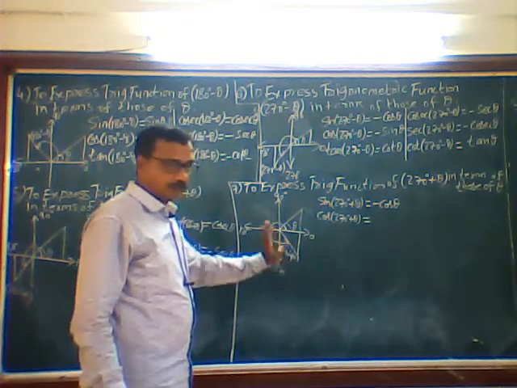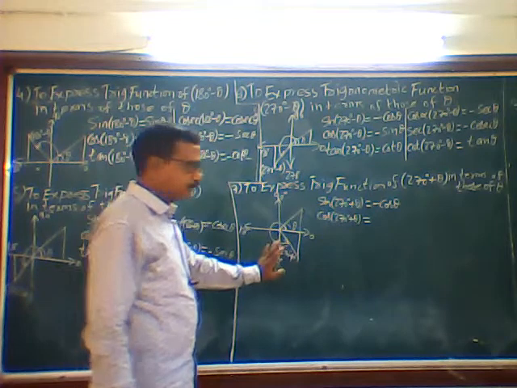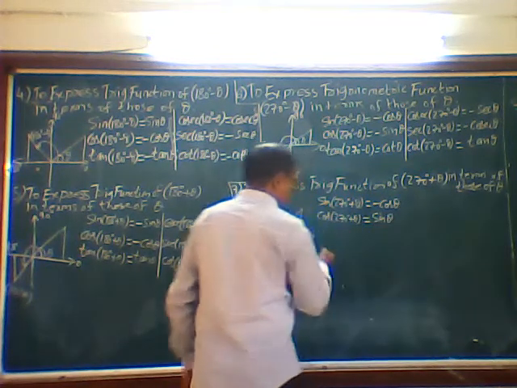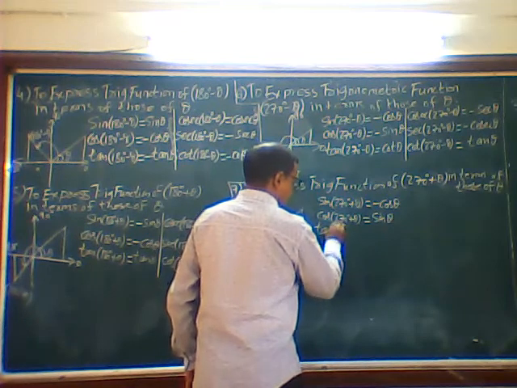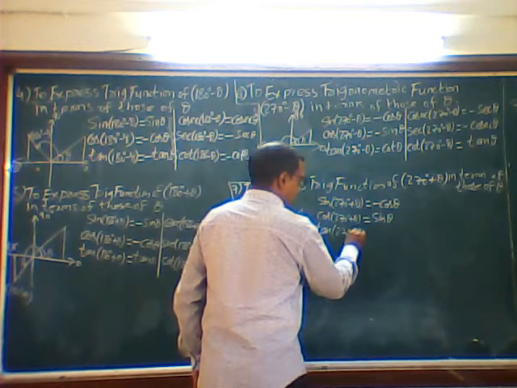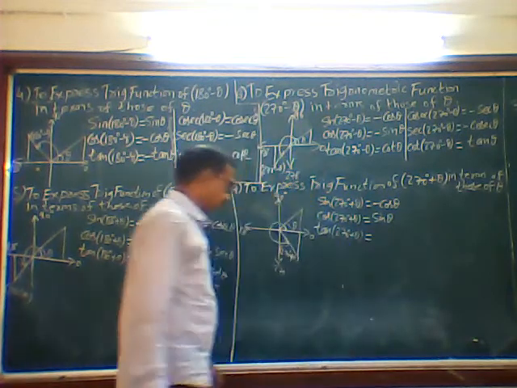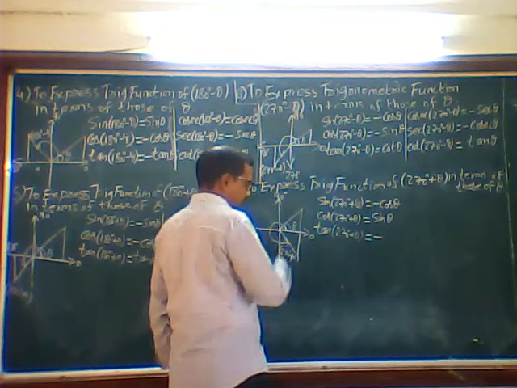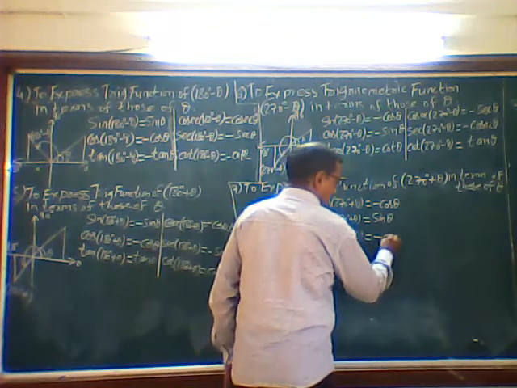In the fourth quadrant cos is positive, right? It's positive. Again, cos will become sine. Next, tan of 270 degrees plus theta. Okay. Again, the fourth quadrant is negative. Since the angle is lying on the y-axis, tan will become cot.